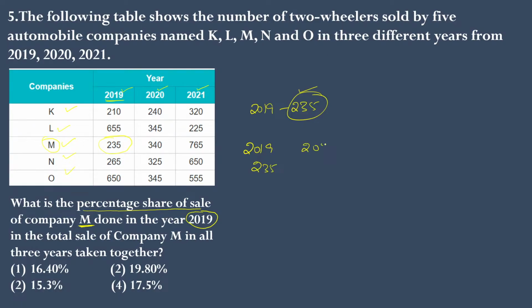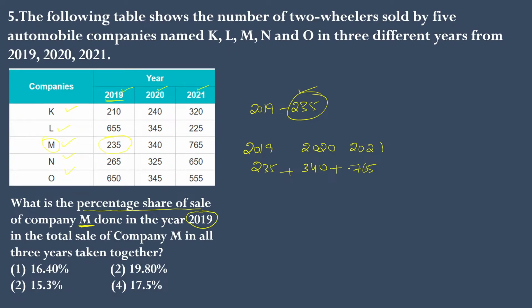In 2020, 340 is there. In 2021, 765 is there. So just add these values, 235 plus 340 plus 765.